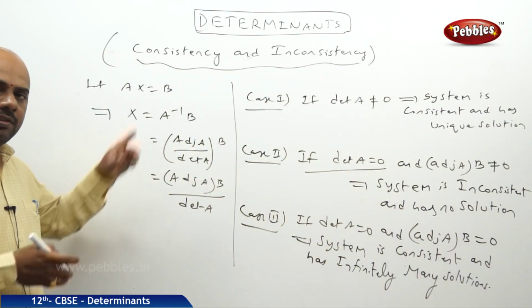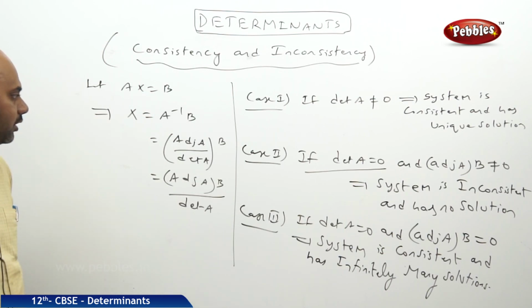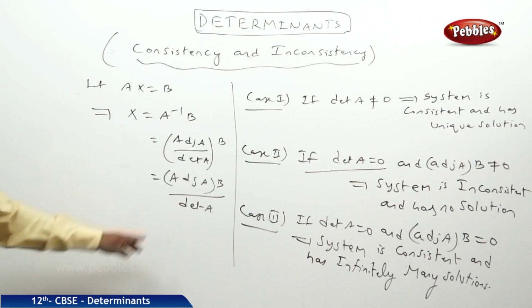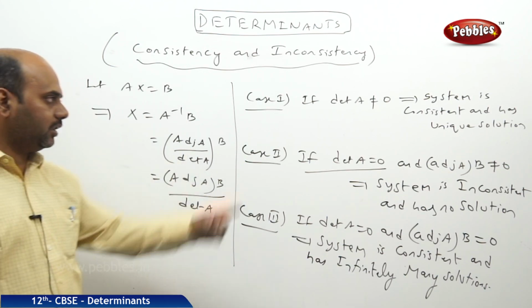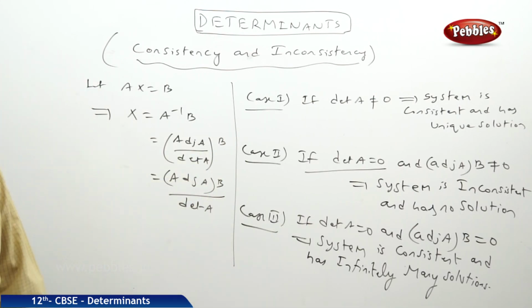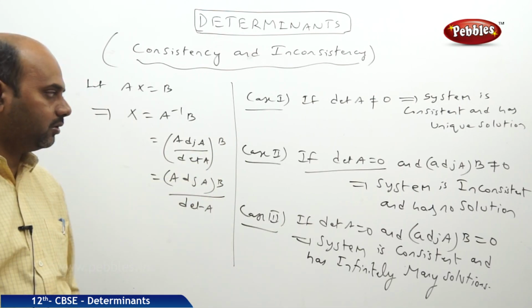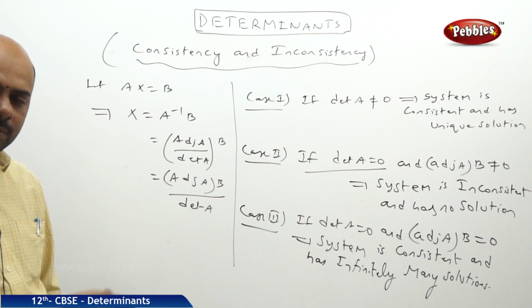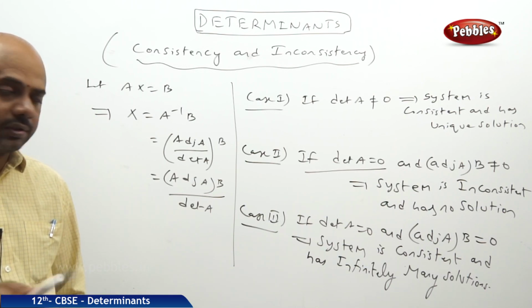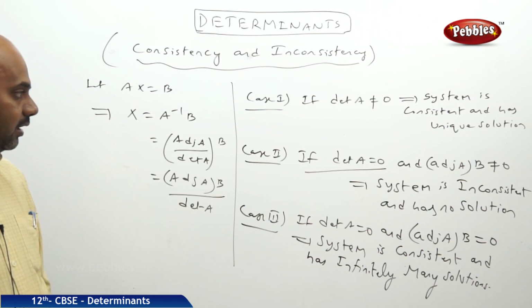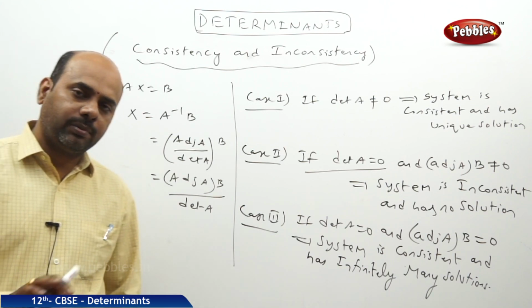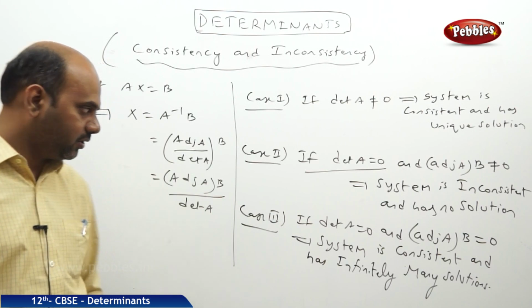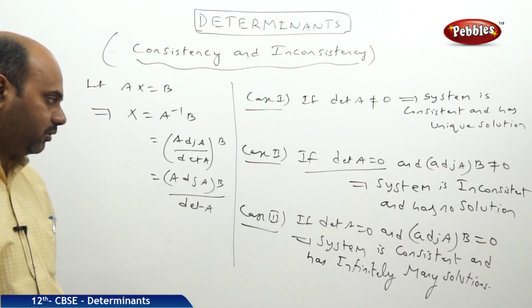Once again I am telling, Ax is equal to B, x is equal to A inverse B, that is equal to adjoint of A by det A into B, and this can be written as adjoint of A into B by det A. If det A is not equal to 0, the system is consistent and has a unique solution. Just now we have done the above problem where x is equal to 1, y equal to 1, z equal to 1 is coming. And if det A is equal to 0 and adjoint of A into B is not equal to 0, then surely we can tell the system is inconsistent and has no solution.